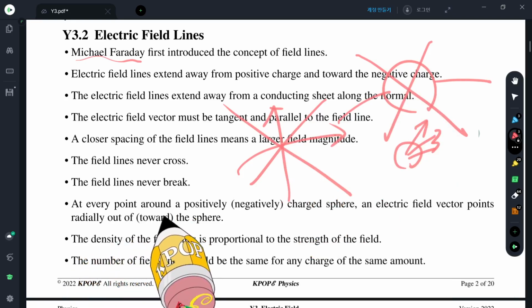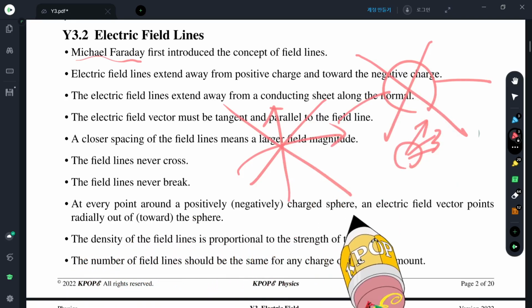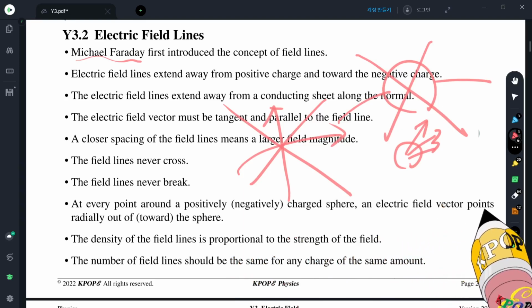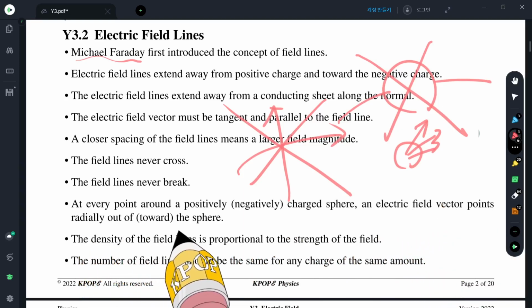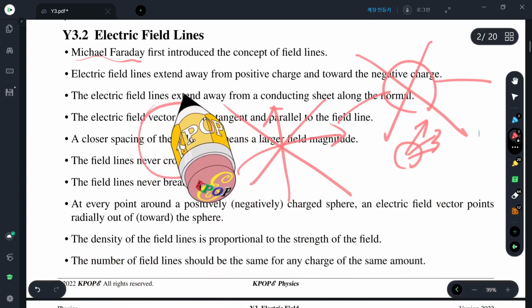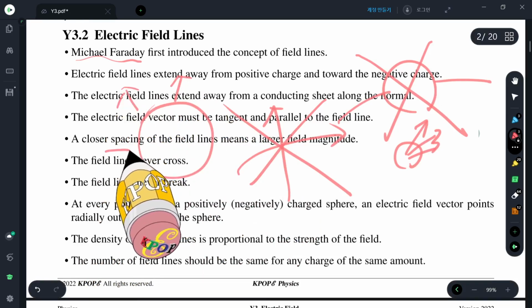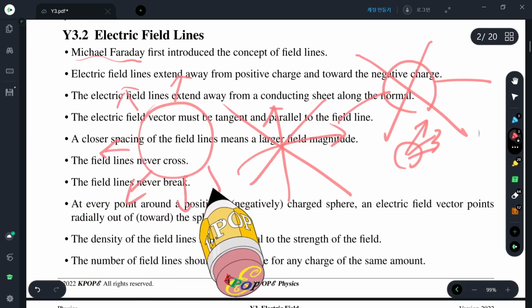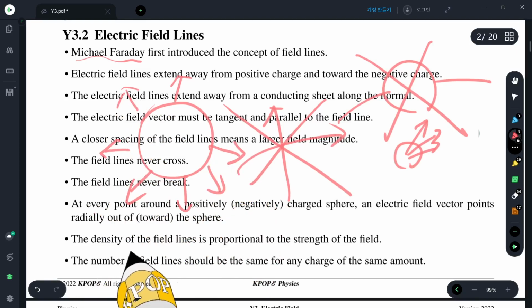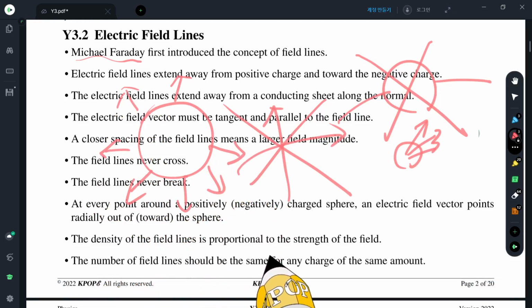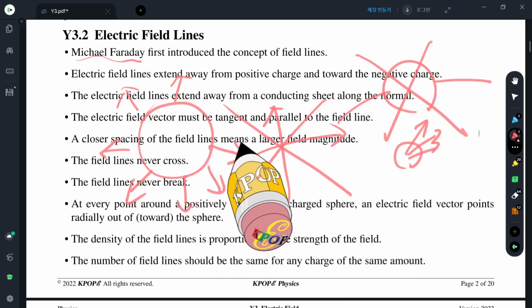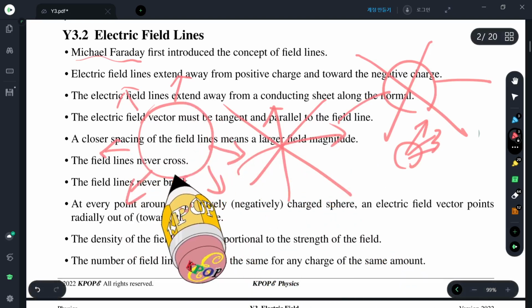At every point around the positively charged sphere, the electric field vector points radially out of the sphere. Sphere, radial direction. The density of the field lines is proportional to the strength of the field. It's redundant. It is already explained above.